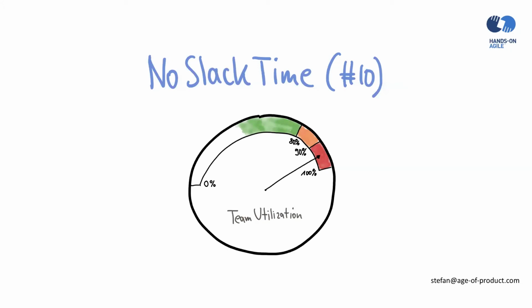No slack time means there's less pairing, less knowledge sharing, less teamwork, but the utilization level forces the team basically to split up in a more individual mode. And then we talk about individual working at an assembly line again. So you need to have slack time, and the rule of thumb is about 20%.